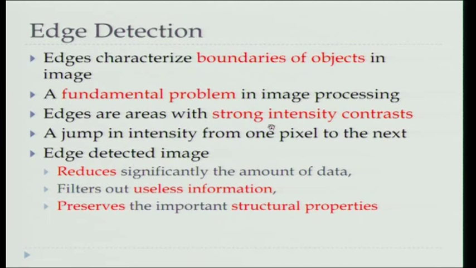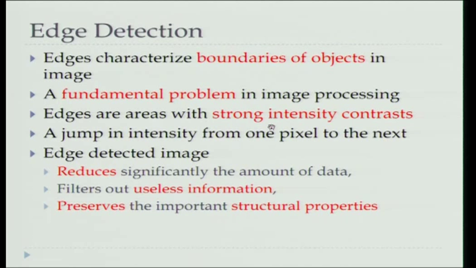This is edge detection. An edge is nothing but the boundary of an object, where the intensity changes a little sharply, right. Now, the definition of sharp comes in, because a sharp change may or may not be visible because of the blurring effect and the thickness of the edge.